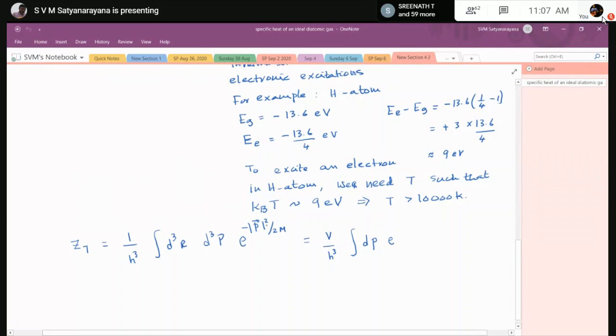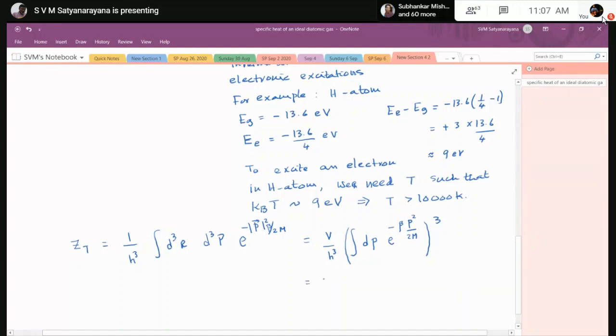Please note that it is e to the minus beta p square by 2m. So this is one component, and that will be raised to the power 3, because every component will have the same.